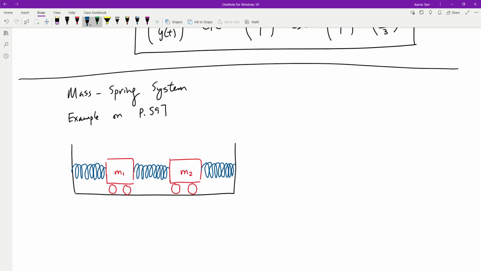So each of these springs has a different stiffness, which is given by constant K1, constant K2, and constant K3.